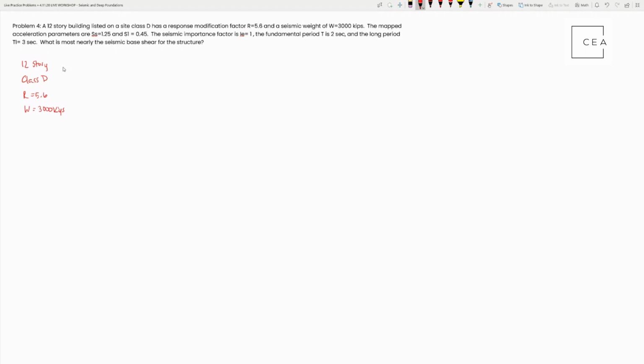Sorry for the handwriting. The mapped acceleration parameters, so they got this from a map, SS is 1.25, and S1 is equal to 0.45. The seismic importance factor, so that's IE, is equal to 1.